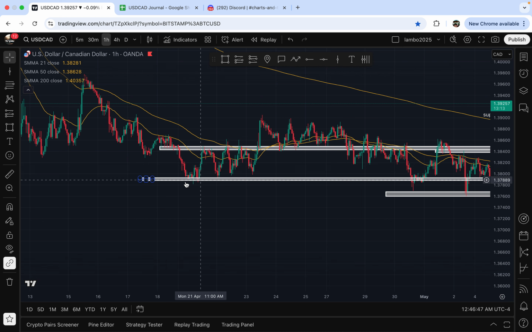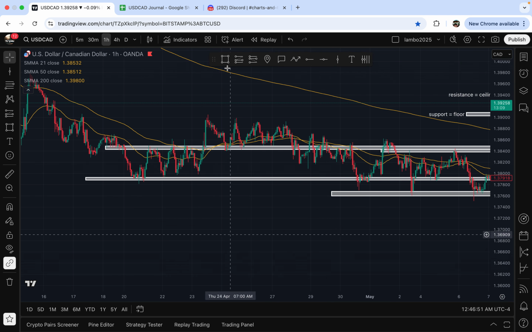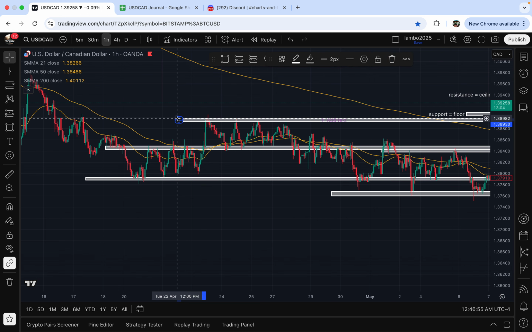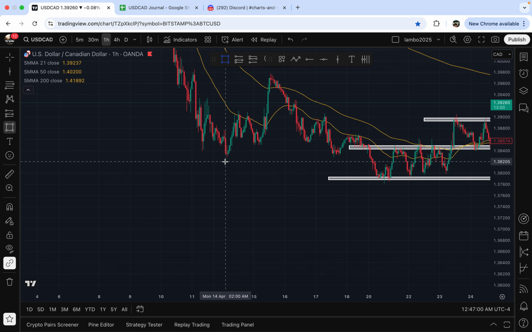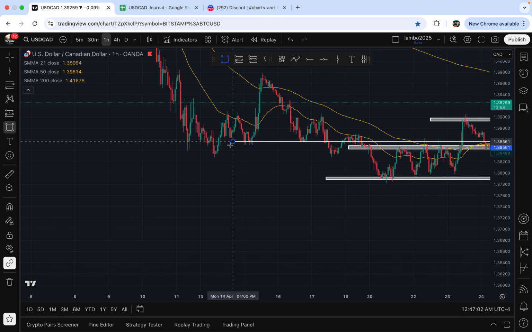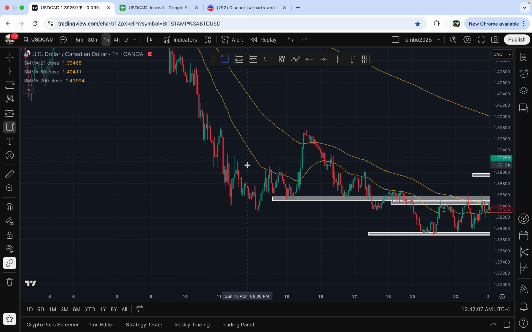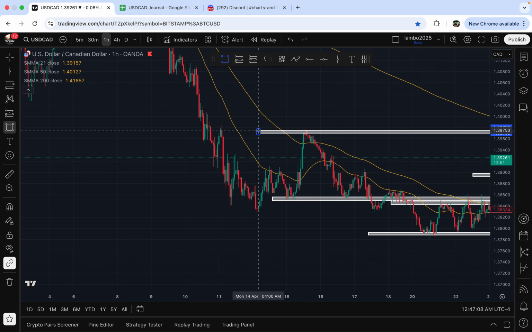Support right here, the floor, and then resistance right here, the ceiling. And then again right here, we have resistance, that's the ceiling. Over here, we have support, which is the floor. And then right here we have resistance.